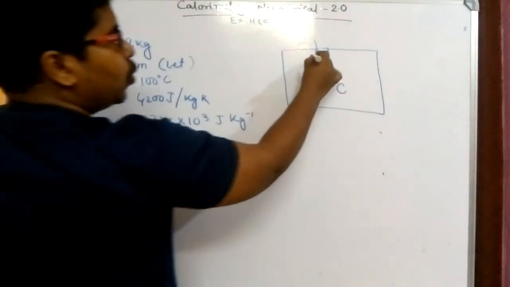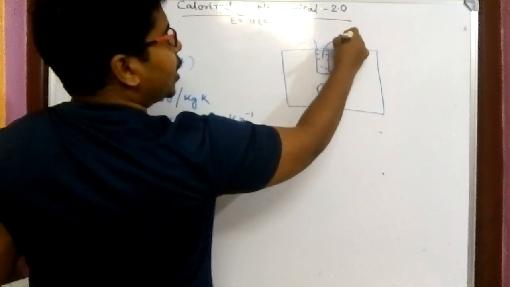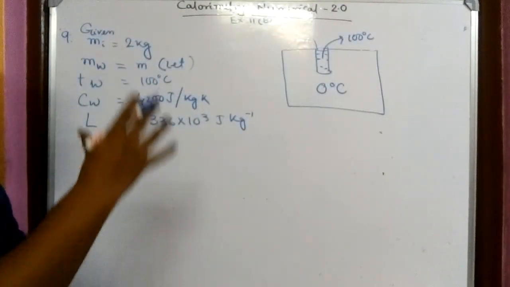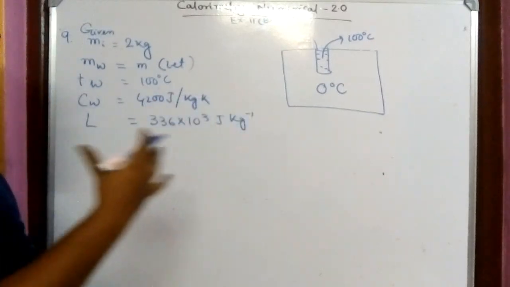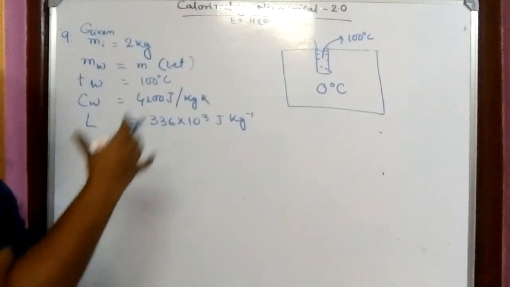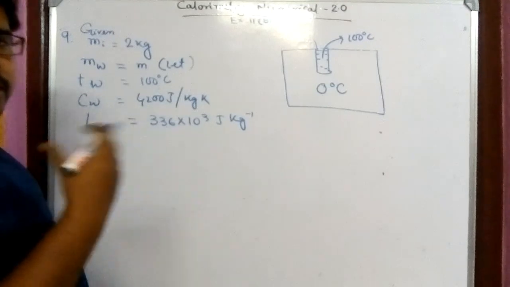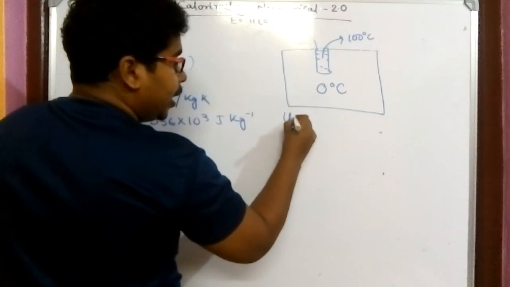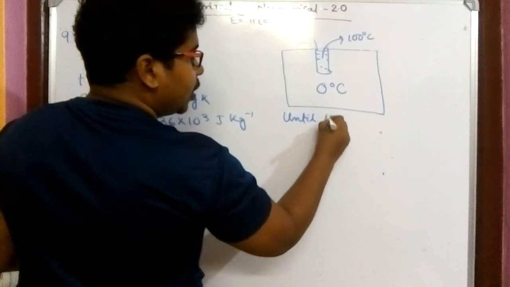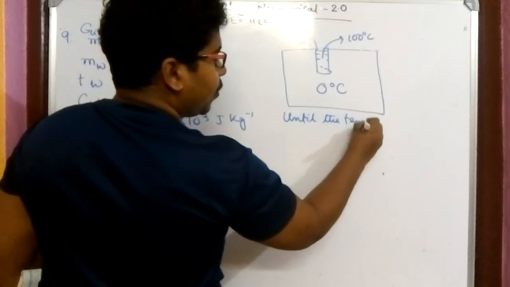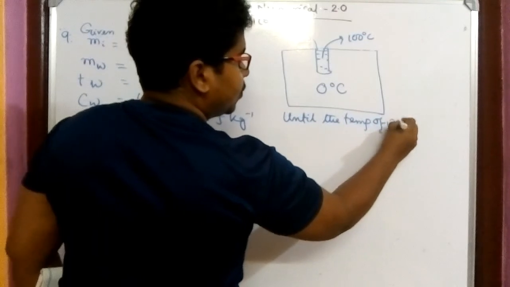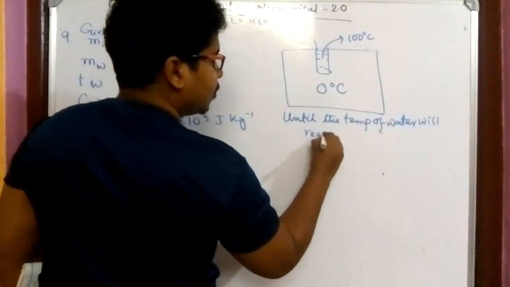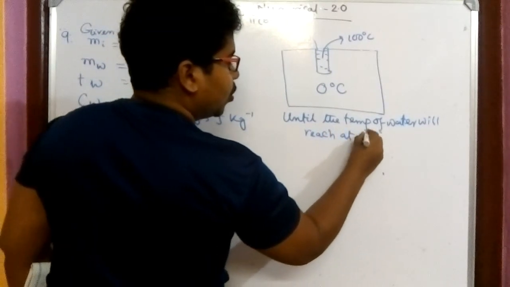So you put water over here, that temperature is 100 degrees centigrade. So it is clear that water will lose its heat energy and ice will absorb heat energy. Up to how much time? Up to that time until the temperature of water reaches 0 degrees centigrade.